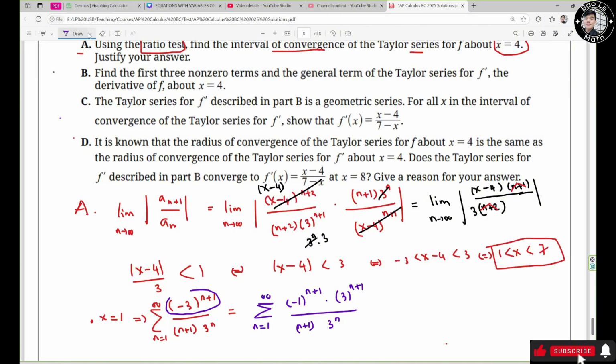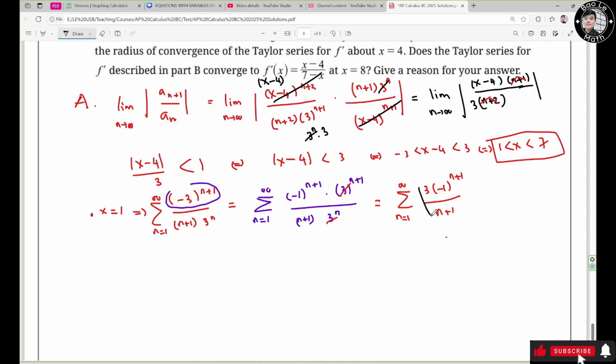Now we need to simplify 3 raised to the n on the top and bottom, right? So we have the sum of 3 times negative 1 raised to the n plus 1 over n plus 1 when n goes from 1 to infinity.